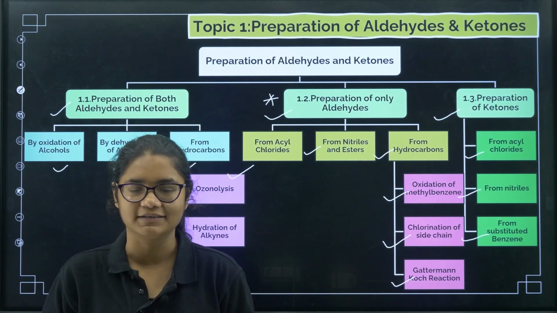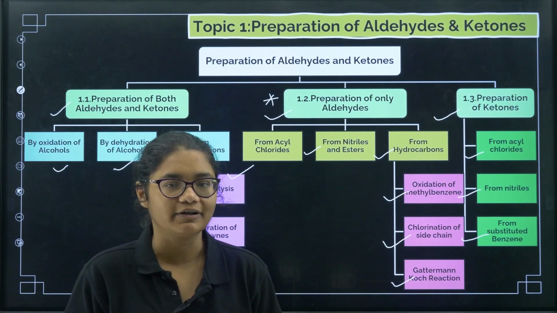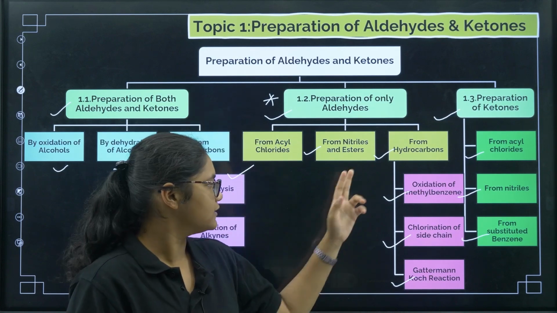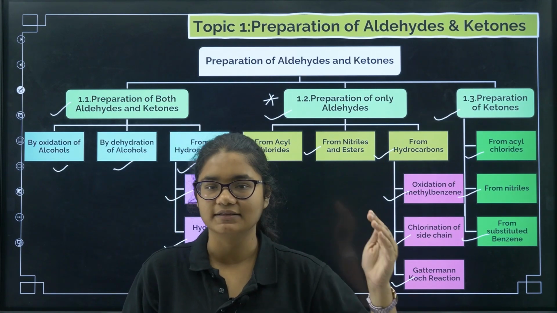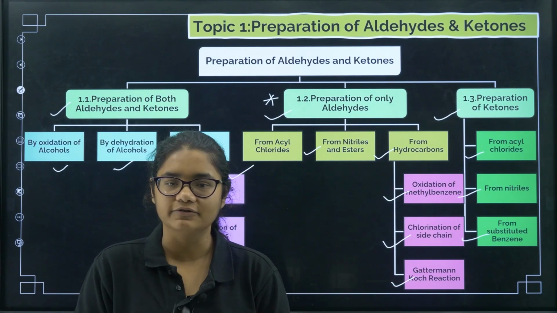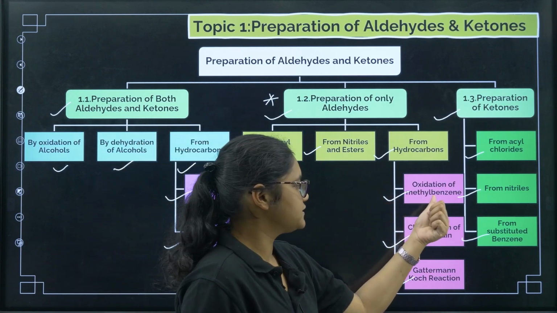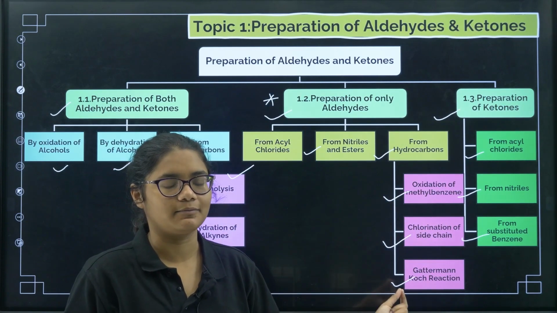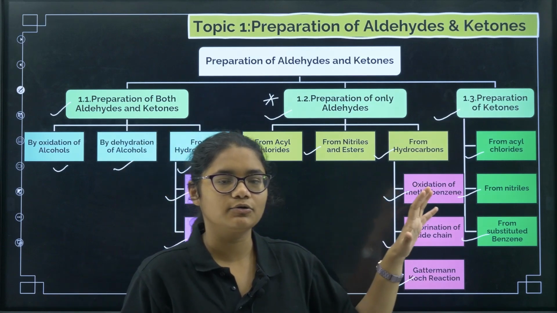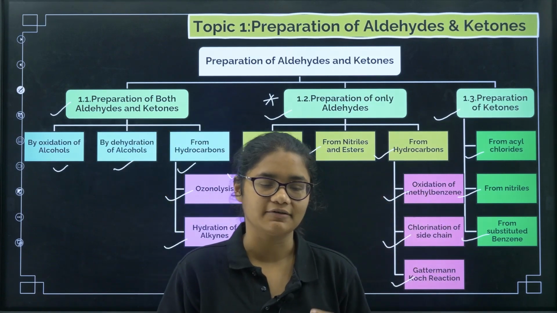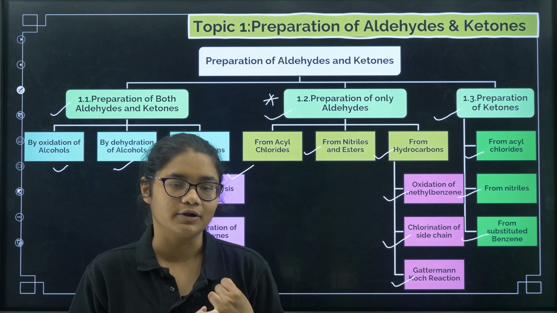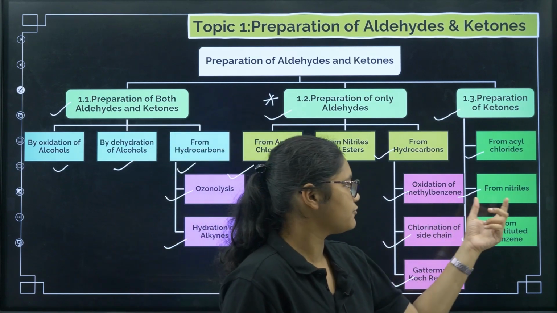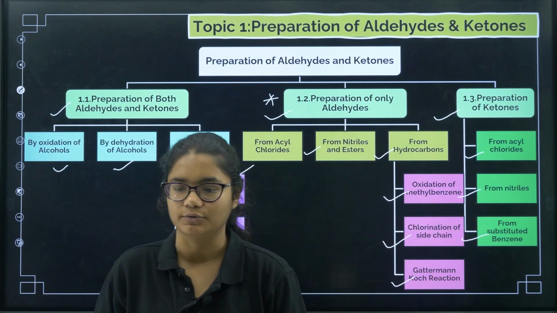First is from acid chlorides, second is from nitriles and esters, and third is from hydrocarbons. Under this we have 3 categories: oxidation of methyl benzene, chlorination of side chain, and the Gattermann-Koch reaction. Next, preparation of only ketones: first from acyl chlorides, then from nitriles, and then from substituted benzenes.